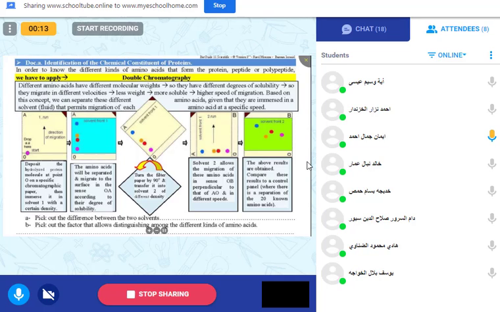Turn the filter paper by 90 degrees and transfer it into solvent 2 of different density. Solvent 2 allows the migration of these amino acids in sense OB, perpendicular to that of OA, and at different speeds. The above results are obtained. Compare these results to the control panel where there is separation of the 20 known amino acids. Okay. Clear now? Clear, everyone?